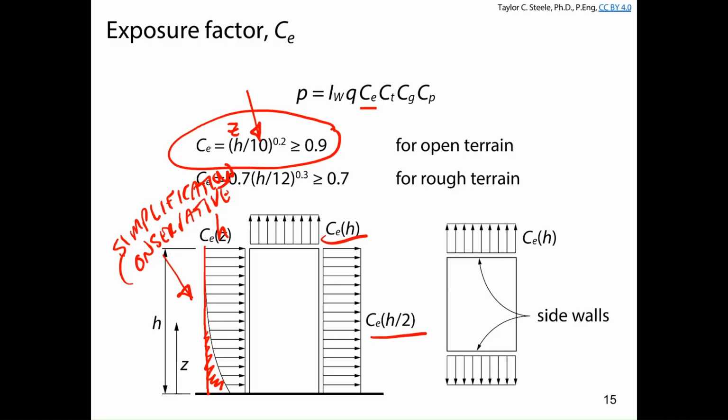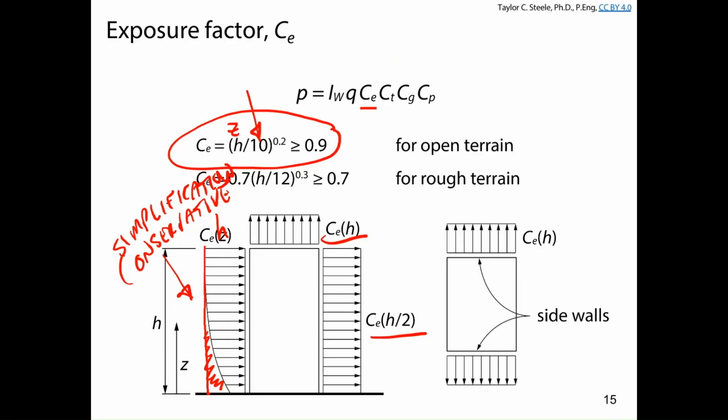Okay, sidewalls here, they're not super important for what we're going to be talking about in this course. What we see is they're equal and opposite anyway, and so there's no net lateral action of our structure from wind on these sidewalls.